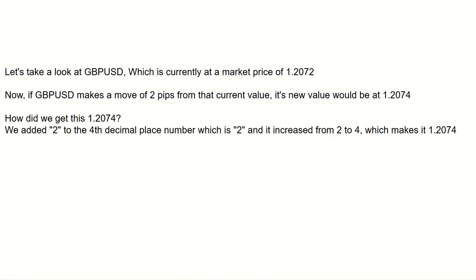Now in GBP/USD, they are telling us it's made a move of 2 pips. We are going to do the same thing here, but what changes is the number of pips moved. Earlier it moved just 1 pip, but GBP/USD makes a movement of 2 pips. So what we are going to do is add that 2 to the fourth decimal number. Here, the fourth decimal number is 2, like we have explained before.